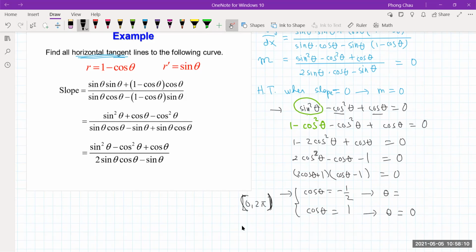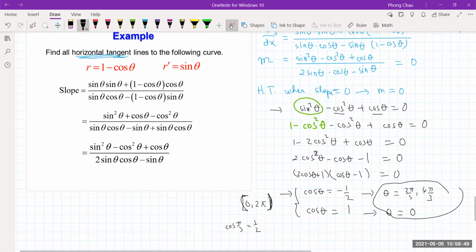Cosine of 60 degrees gives us 1/2, and 60 degrees is pi over 3. So cosine of pi over 3 is 1/2. Then to get the negative, you need to go to the second and third quadrants. So it will be 2 pi over 3 and 4 pi over 3. So these are places where you can have the slope be 0. All right, so that finishes 10.4.